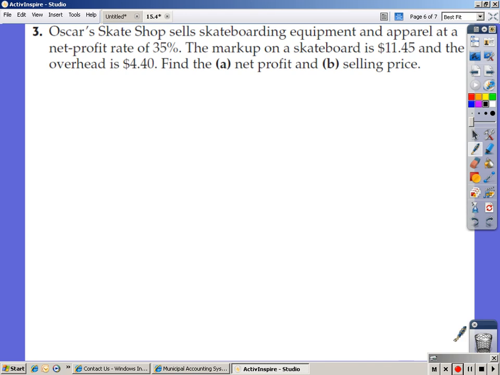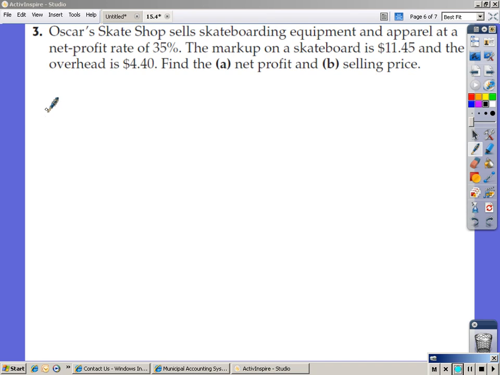Okay, go ahead and try this one. Press pause while you're working it. Play when you're ready to go. Okay, so let's go ahead and work this one. It says Oscar Skate Shop sells skateboarding equipment and apparel at a net profit rate of 35%. The markup on a skateboard is $11.45. The overhead is $4.40. Find the net profit.